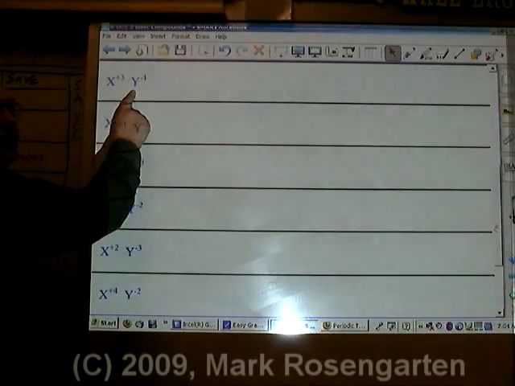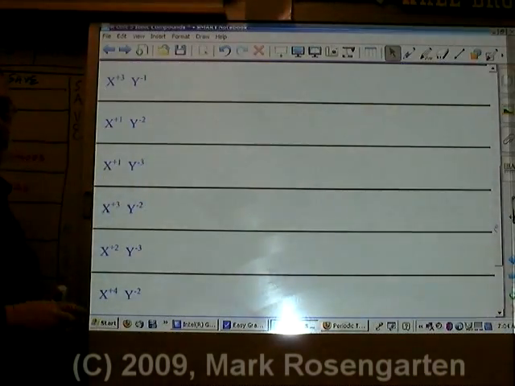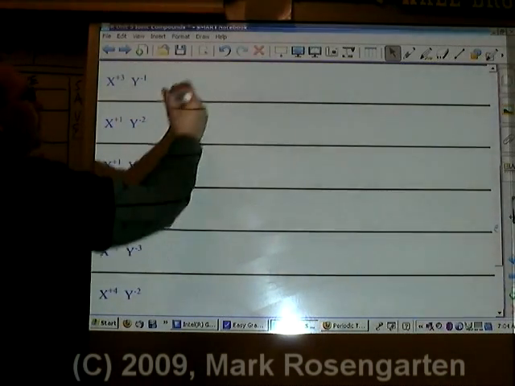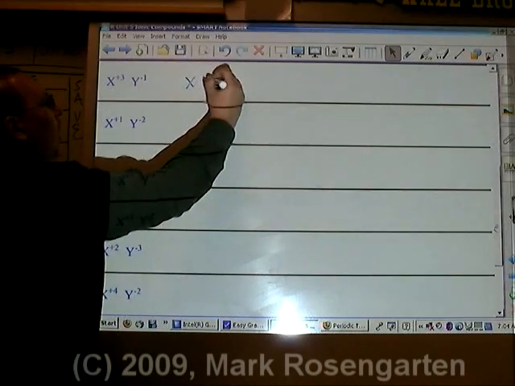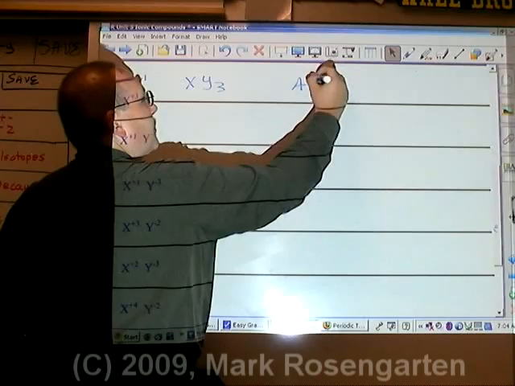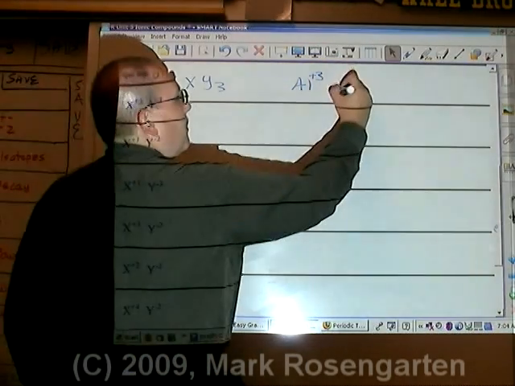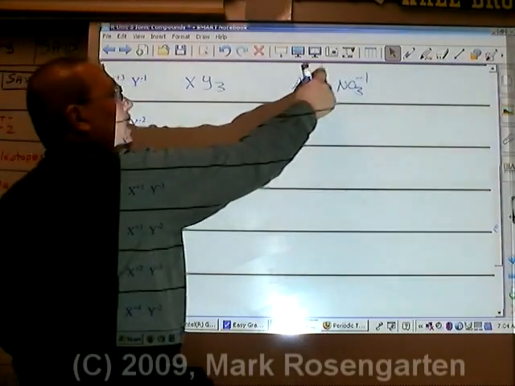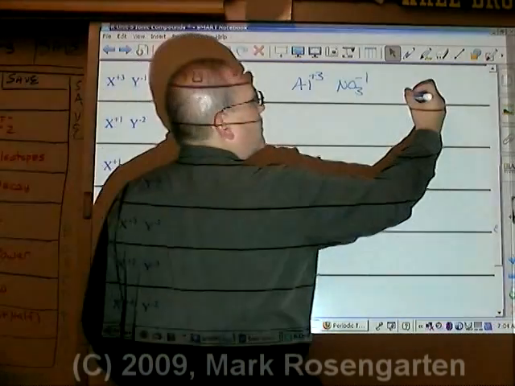How many of the smaller charge does it take to cancel out one of the larger charge? It takes 3 -1s to cancel out a +3. So the formula will be XY3. For example, if we have aluminum +3 and nitrate -1, it's going to take 3 of these nitrates to cancel out one of the aluminums.